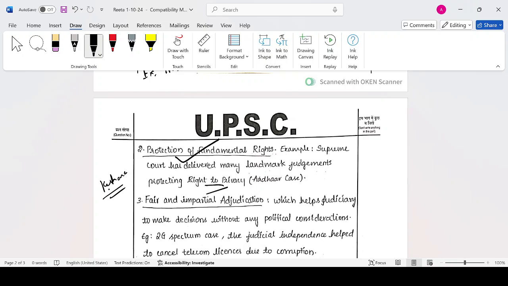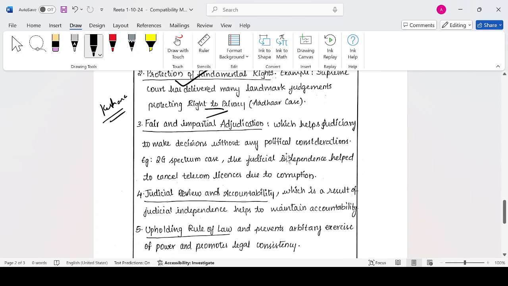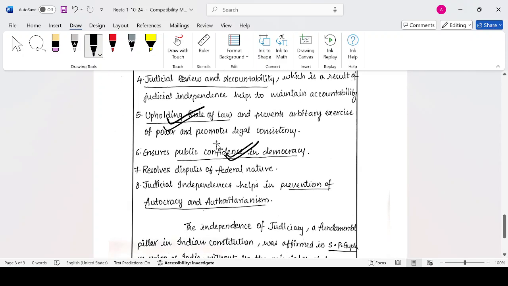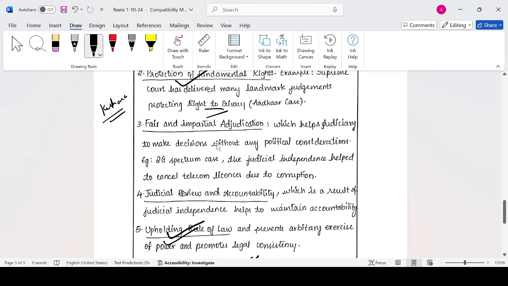And then we can mention free and impartial adjudication, upholding the rule of law, and ensuring public confidence in democracy. So she mentions why judicial independence is required.